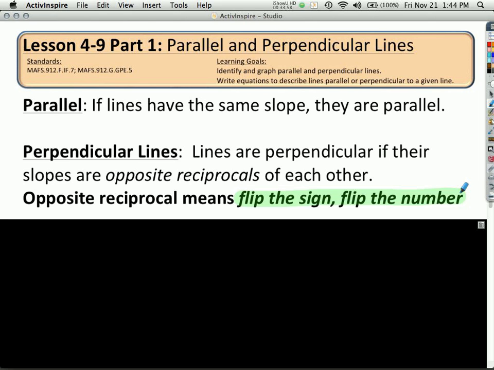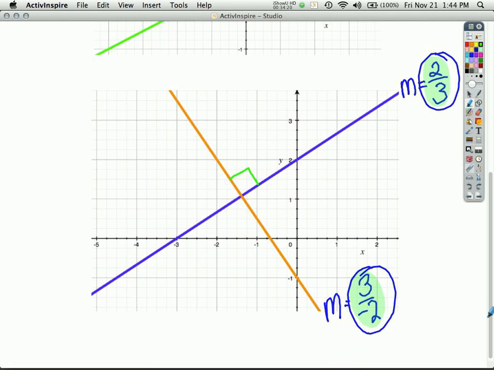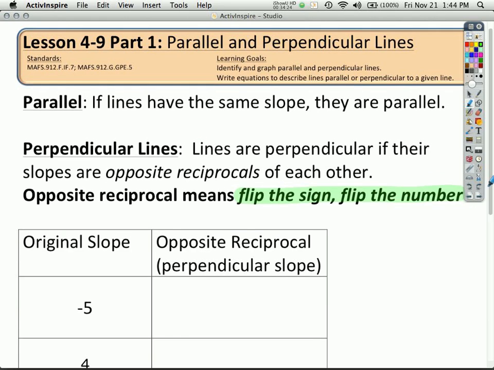Flip the sign, flip the number is just kind of a silly Dr. Seuss-y way of saying opposite reciprocal. You need to know the phrase opposite reciprocal. I know it's a big boy word. You're supposed to know it. So, we observed that here in this graph at the bottom. These are opposite reciprocals.